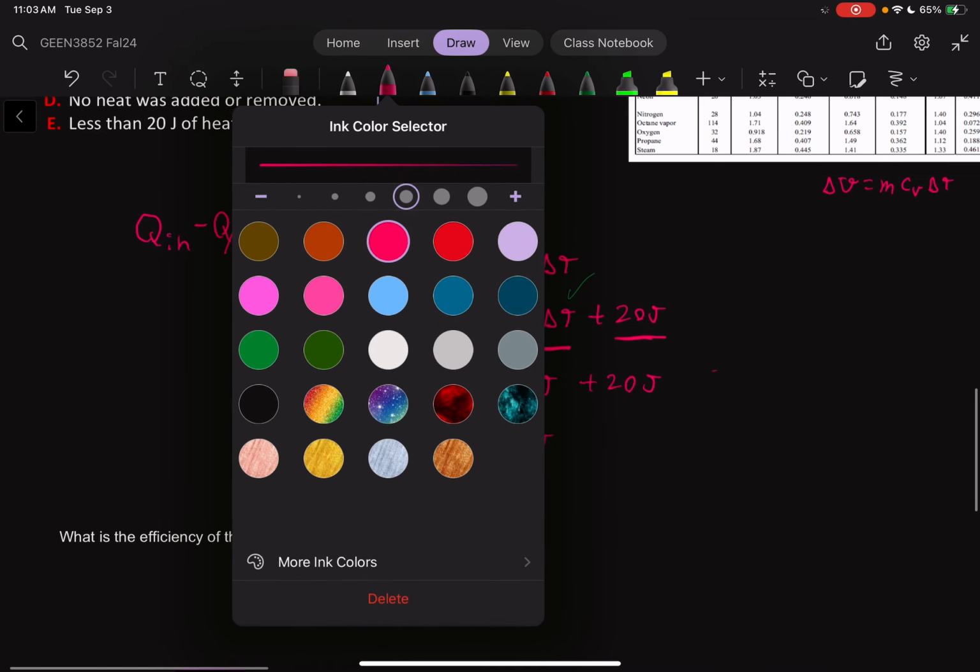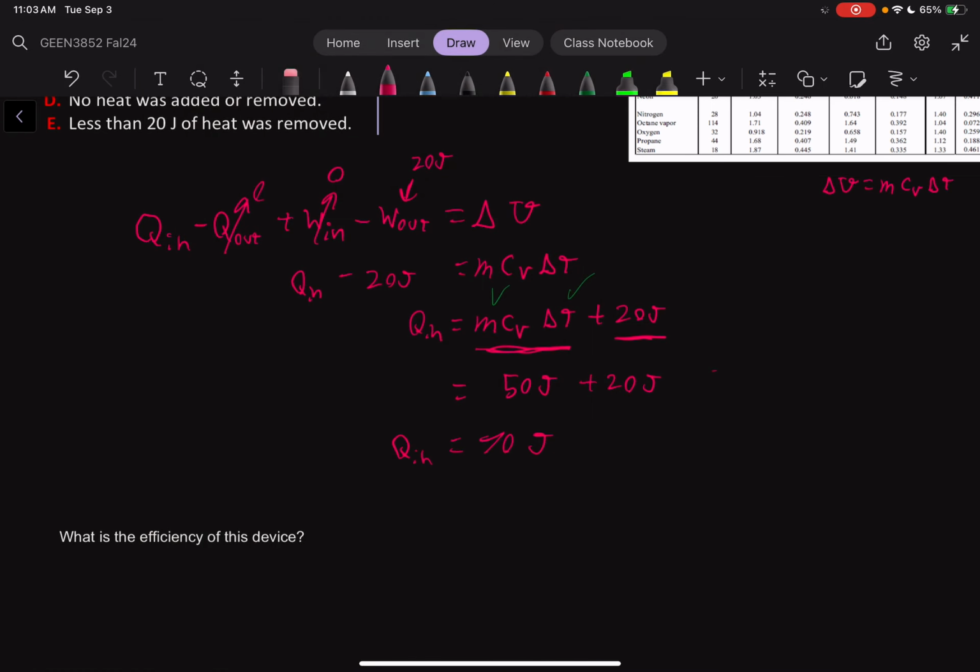Last part of this energy balance, we're often curious about what the efficiency of this device is. So I always like to think about the efficiency as what I want divided by what I pay. And in this case, I want work out, and I'm paying heat.